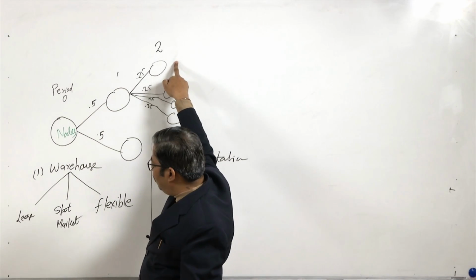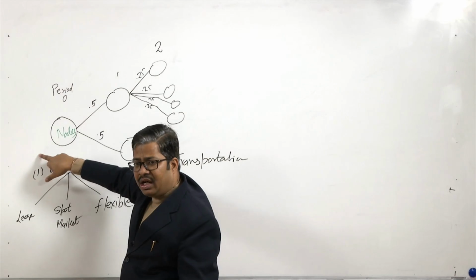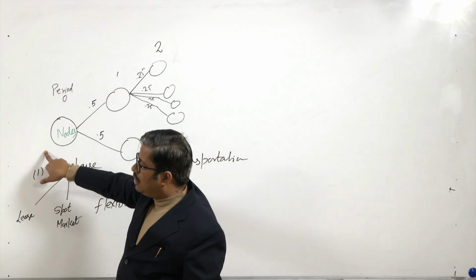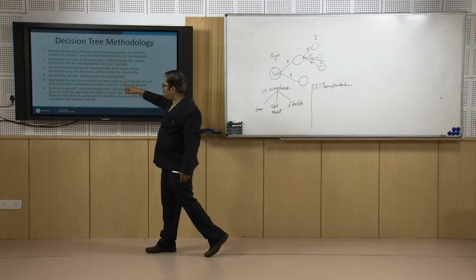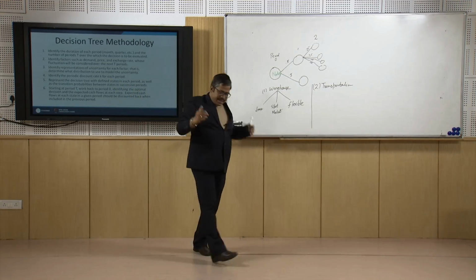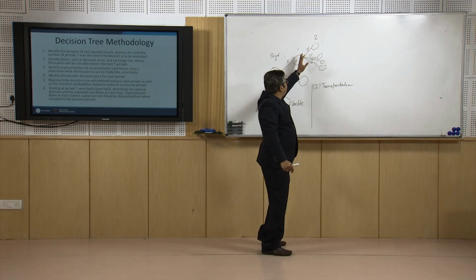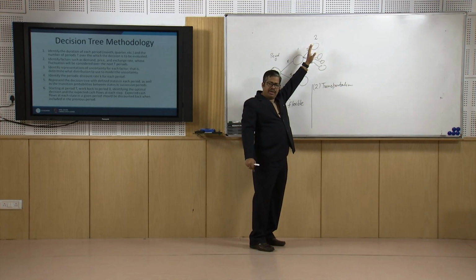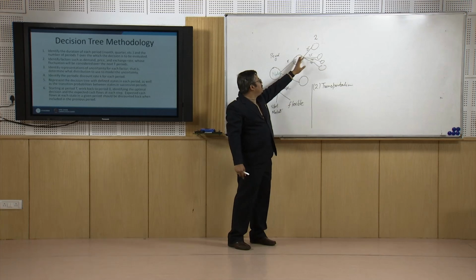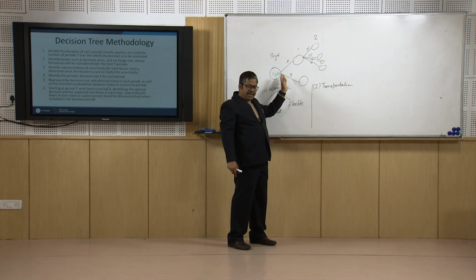For determining the present value we need this discount rate factor K. It is possible that from period 1 to 2 you have a particular discount rate, and from period 1 to 0 you have a different discount rate.